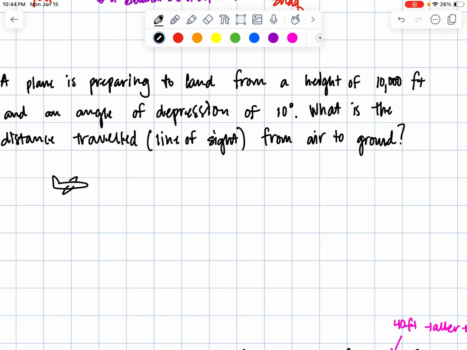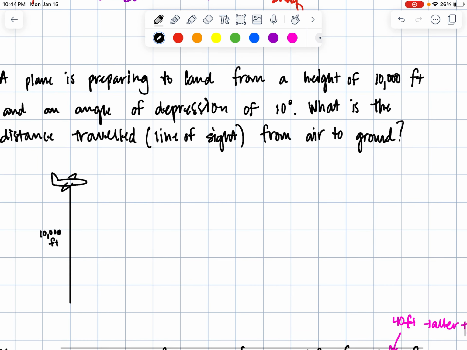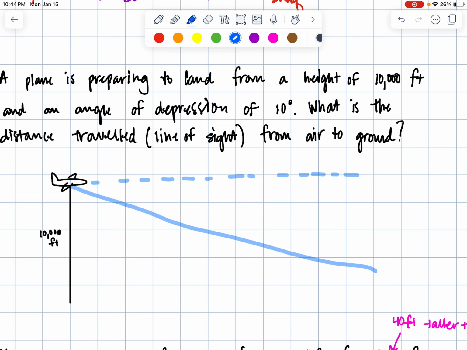A plane is beginning to land from a height of 10,000 feet. So we have a height of 10,000 feet at an angle of depression of 10 degrees. So what this means is if we have a line of sight, and let's do, for instance, blue, their natural line of sight is going straight across, but their angle of depression is going down 10 degrees.